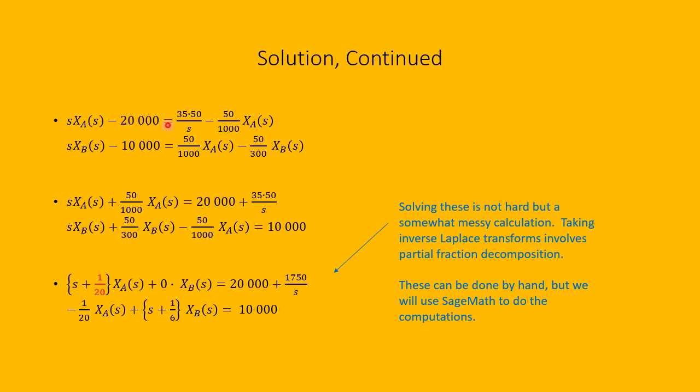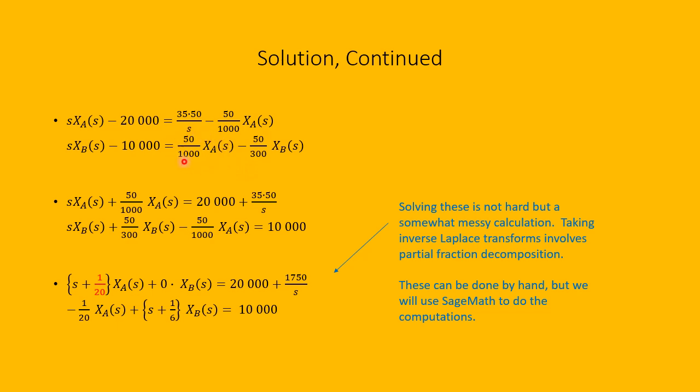So we can rewrite this equation as this term, S X sub A of S, plus this term here, 50 over 1,000 X sub A of S, equals this stuff, 20,000, plus this stuff, 35 times 50 over S. Now, let's look at the second equation.